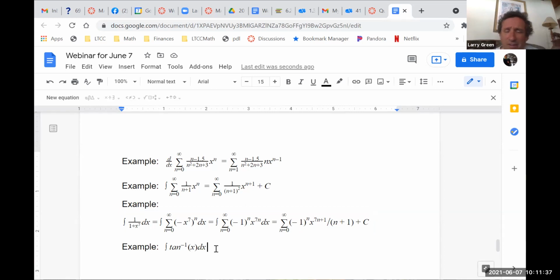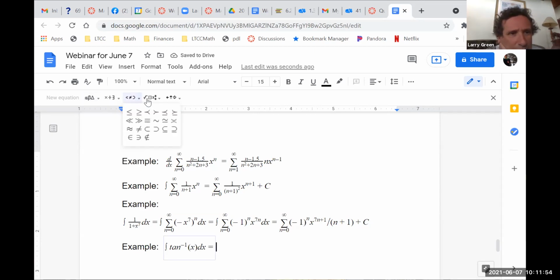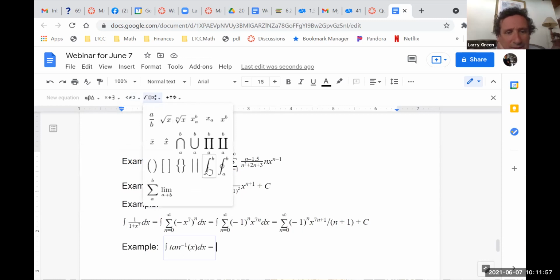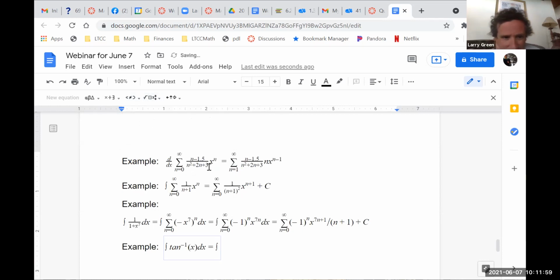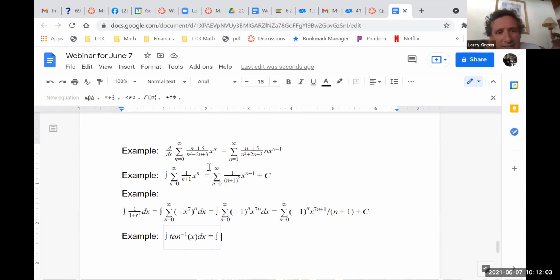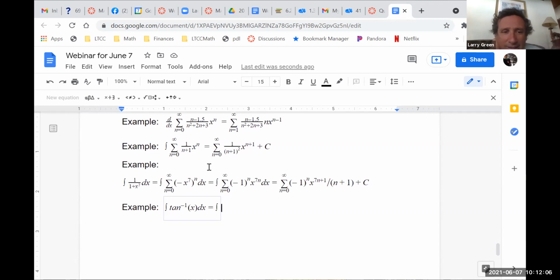How about the inverse tangent of x? How would we do that? Any thoughts how I might be able to integrate the inverse tangent of x?